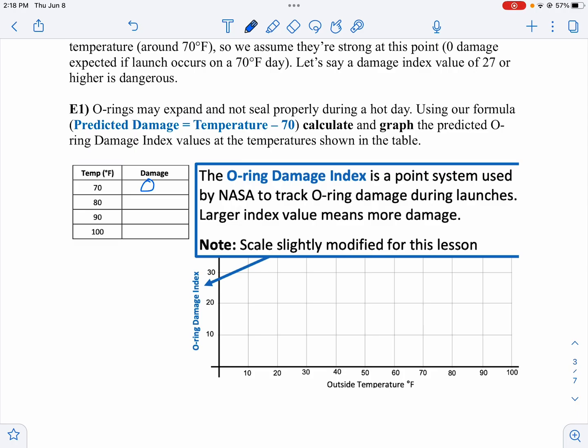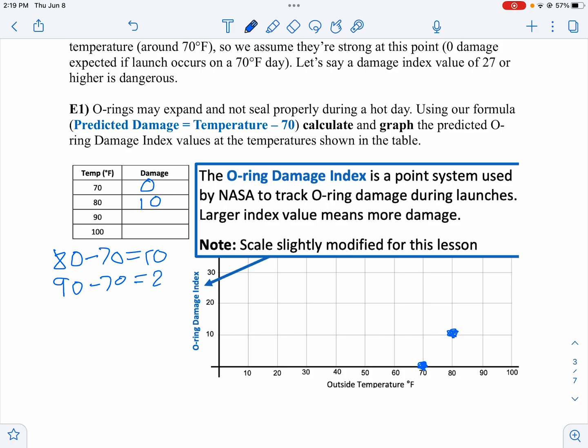So I'm going to plot that right here. And then 80. If the temperature is 80 degrees, if I subtract 70, we expect an index of 10 for damage. So when you're at 80, we're going to be at 10. When we get to 90, I go 90 minus 70.